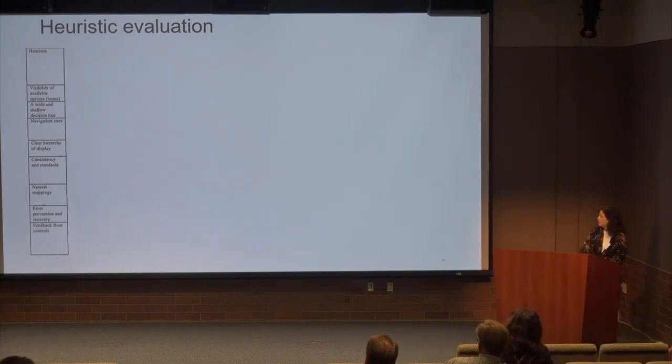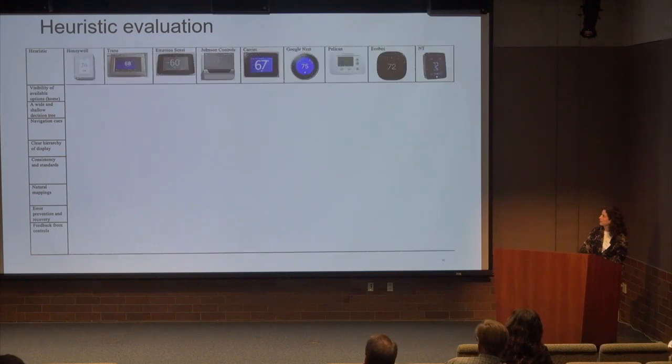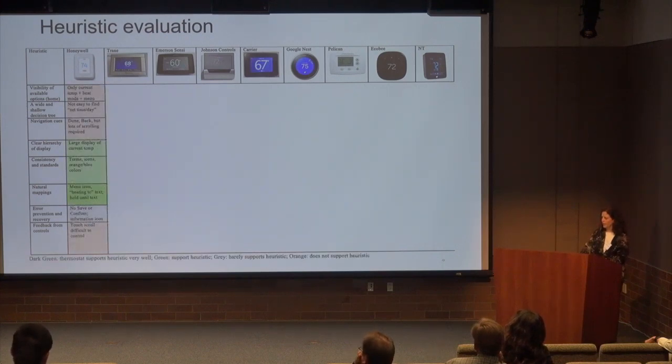And so we came up with these heuristics, and then we compared them to the interfaces of these different thermostats. This was for a small commercial endeavor, so it was not necessarily residential. So we were looking at things like, can you group the schedules, and how do these operate with small commercial? And for each one, we gave it kind of a grade.